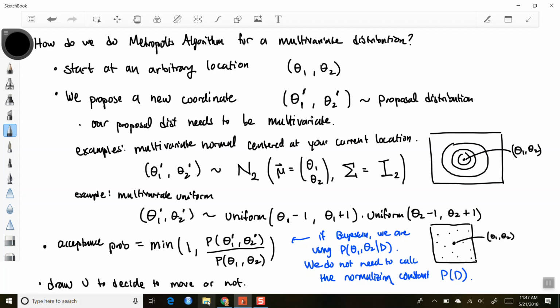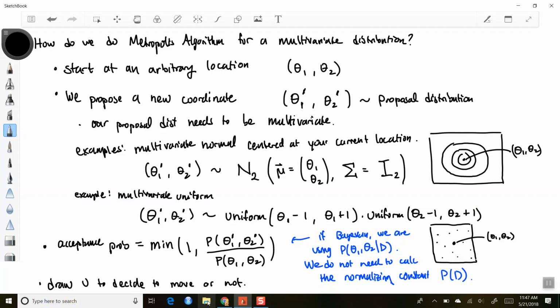So even though this is good, we can still run into problems when we have things of high dimensionality. Okay, and so on Wednesday we will take a look at something called the Gibbs sampler that helps us avoid this problem of having a low acceptance probability when we have a high dimensional proposal distribution.